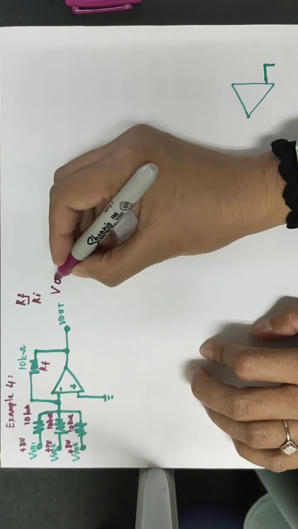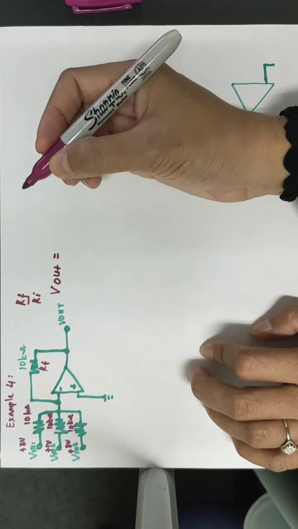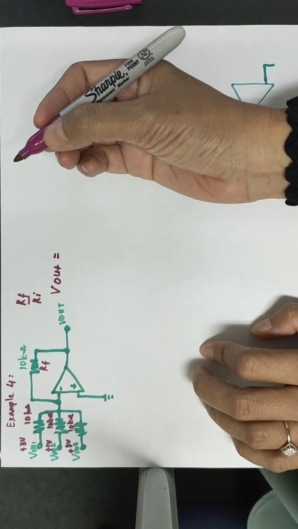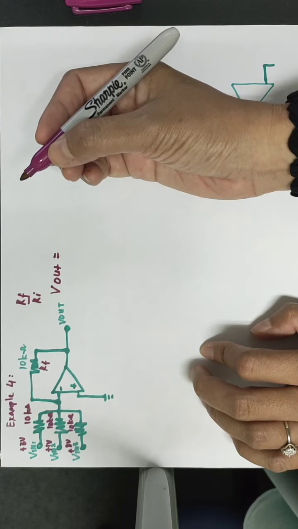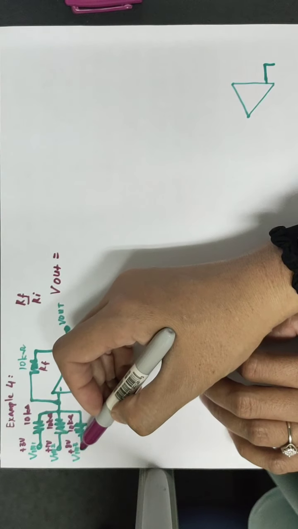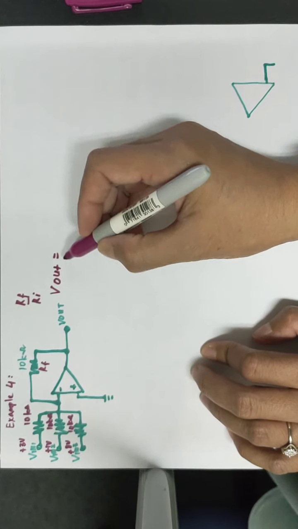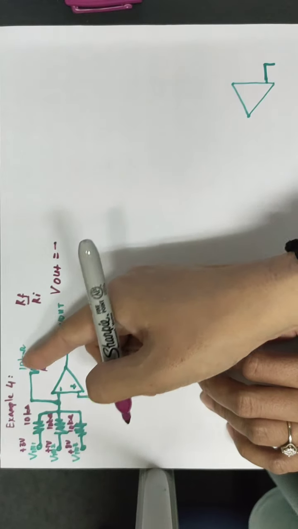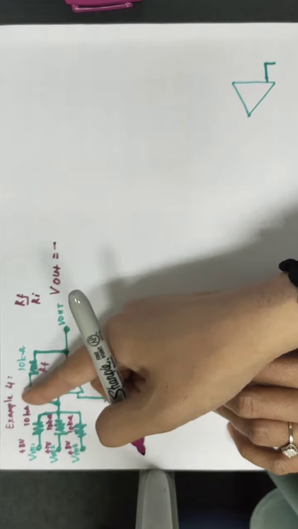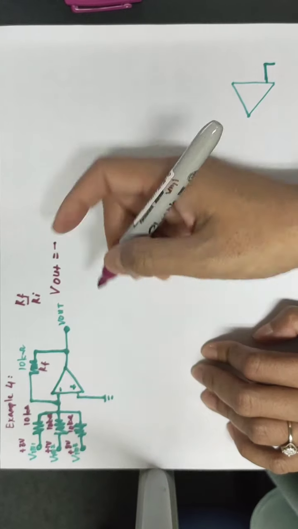So V out is simply the resulting sum of the input voltages. V out is equal to negative, because the connection is feedback.